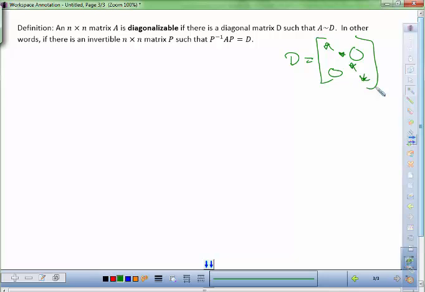So the numbers here in the diagonal must be special with respect to A. This is coming from A. Based on the theorems that we were looking at earlier, what would you guess would be the elements in the diagonal of the matrix that you're looking for?